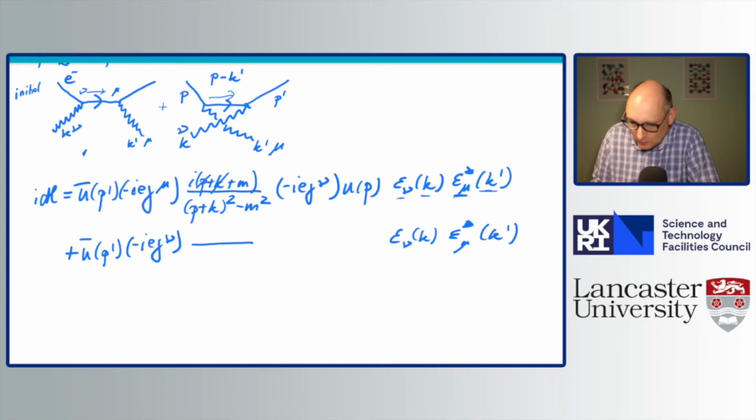Good. So what we get here is i (P slash minus K prime slash plus M) over (P minus K prime) squared minus M squared.